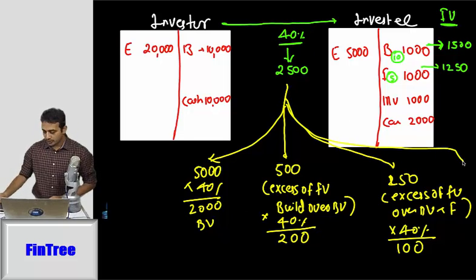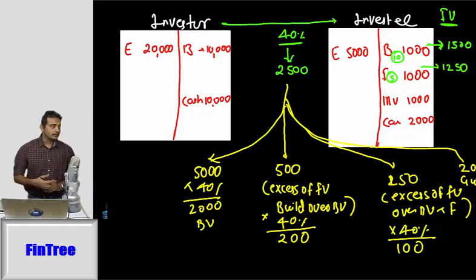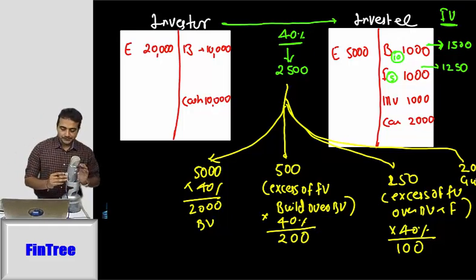So that 200 we paid towards goodwill. Anything that is left after assigning the excess towards fair value is simply assigned to goodwill. Is that fine? So write down this decomposition. This is just the beginning of this discussion.